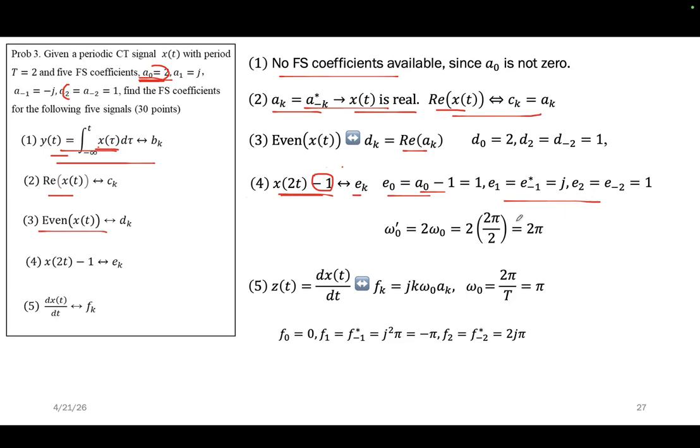That makes sense too. But it will change the period. We talked about that. This scaling will not change A_k, but it will change the period. And then for this one, we know from the properties, in the differentiation properties, we have this property and then this one. That makes sense to you?